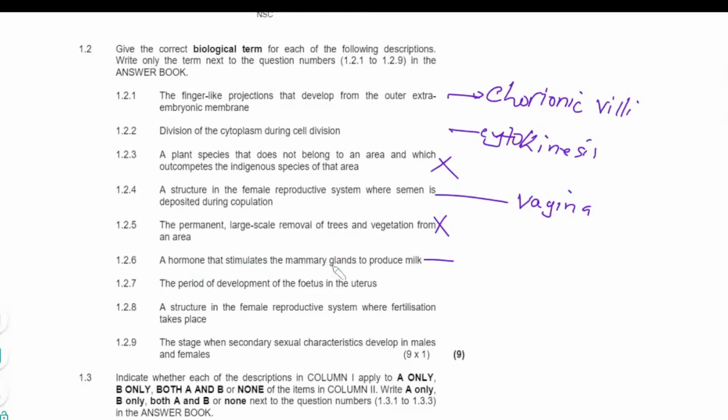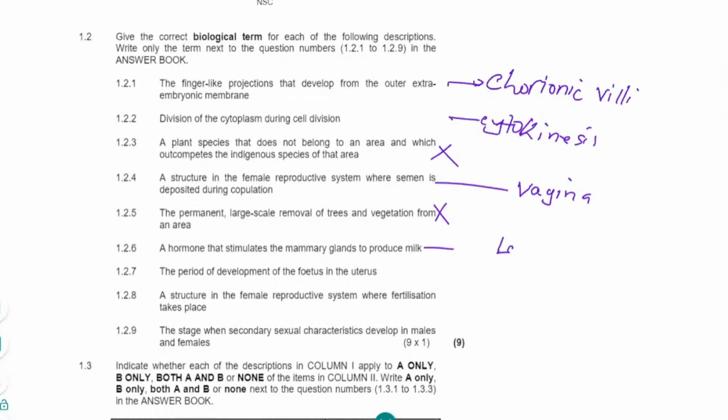Some of you have gone to ShopRite and you find this milk. How do you call it? You call it lactogen. Anything which is related to milk must have the word lacto.